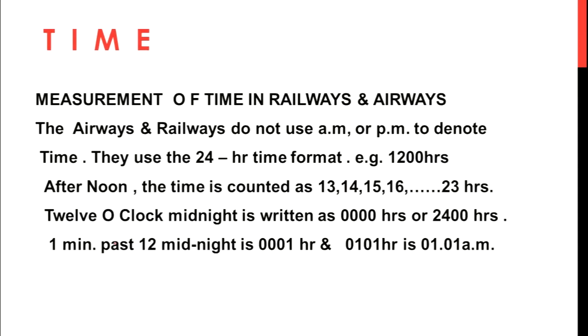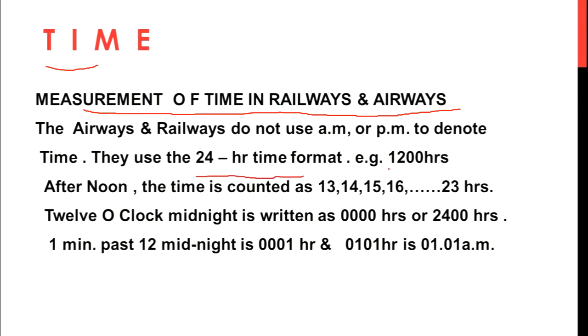Next comes the chapter of time. One more important fact is the measurement of time in railways and airways. In airways and railways, we do not use the ordinary set of time like AM and PM. We mostly use 24-hour time in these departments.